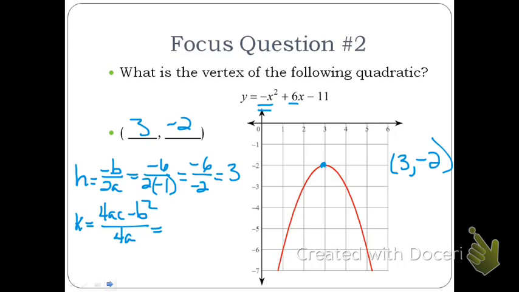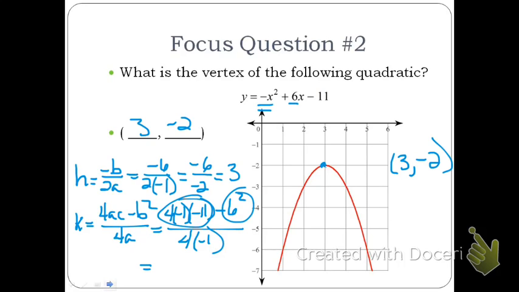Our K value is 4 times A times C. So 4 times A, which is negative 1, times C, which equals negative 11, minus B squared. So that's 6 to the second power, all over 4 times our A value, which is -1. To simplify that, I am going to go ahead and multiply this, but remember I can't subtract until I get my exponents. So 4 times -1 is -4. -4 times -11 equals +44.